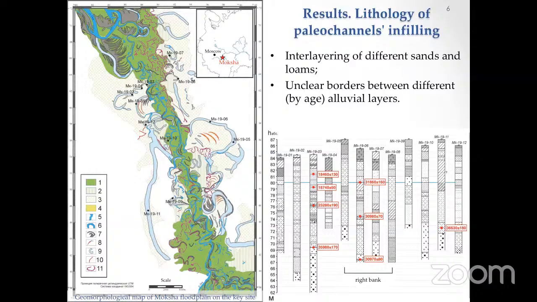That's why we decided to analyze 2 boreholes first, one in the big paleochannel, number 6, and one more in small paleochannel, number 3, to understand where the infilling of paleochannel stops and the other alluvial layers begin.